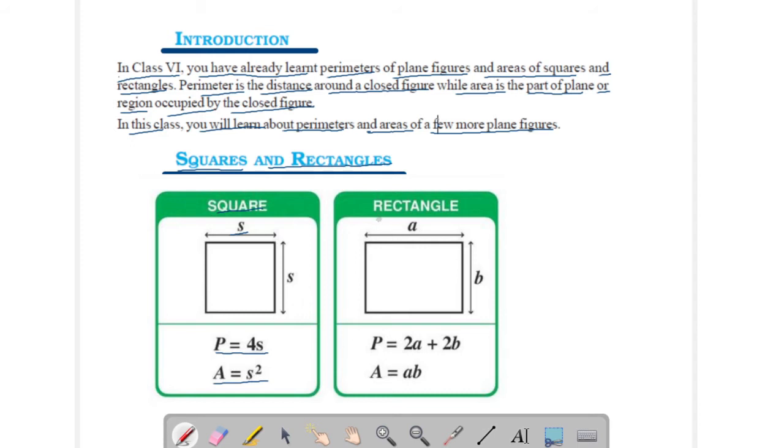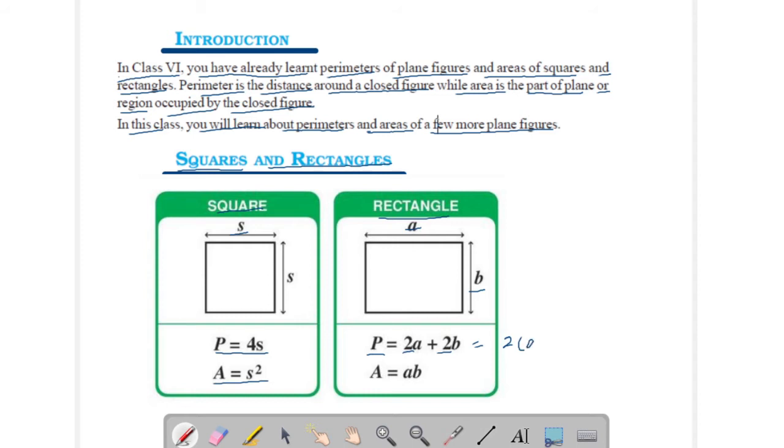Now come to rectangle. Rectangle is again a closed figure having four sides and opposite sides are equal. Let length of rectangle be A and breadth be B. Then perimeter of rectangle is given by 2A plus 2B, and it can also be written as, if you take 2 common, then what is left?